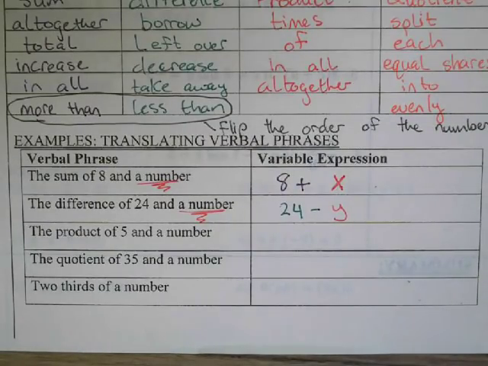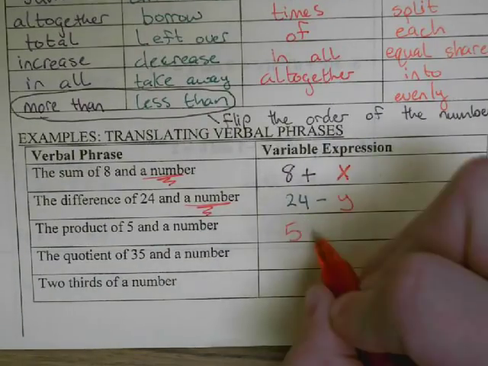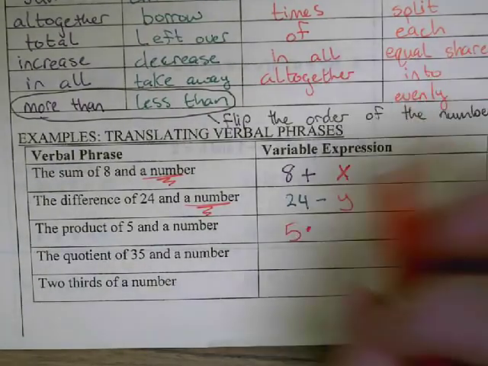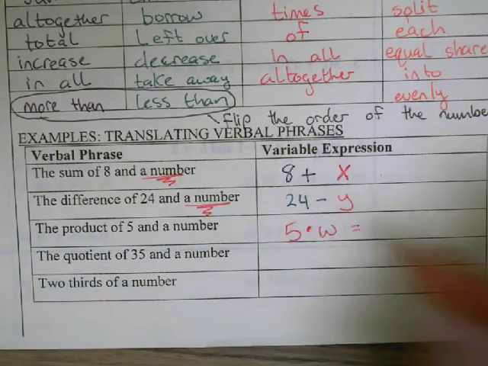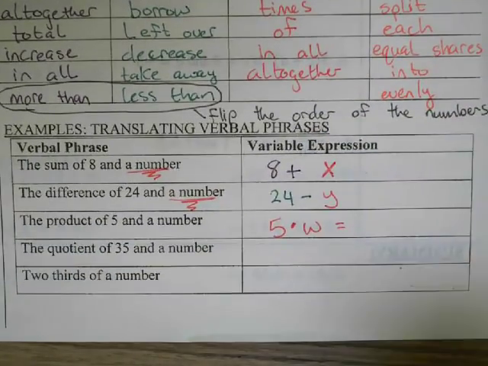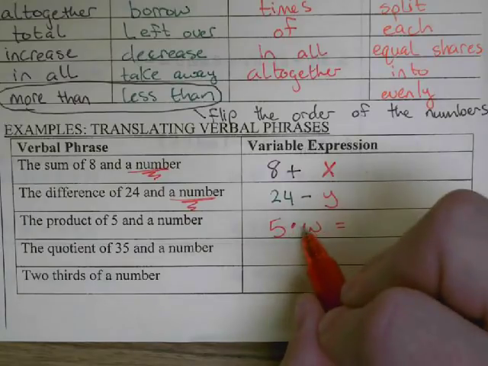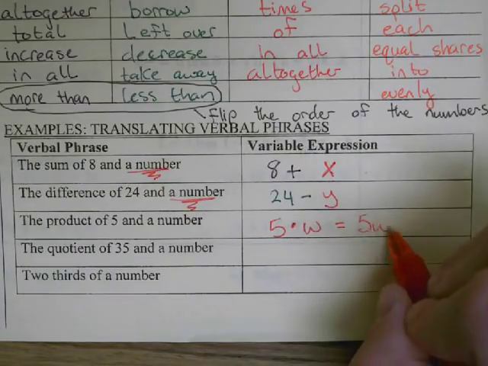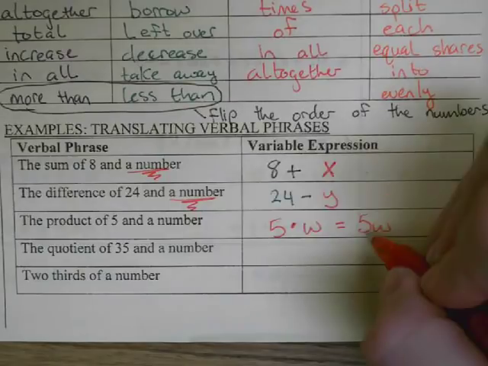Next, we'll do the product of 5 and a number. So product is multiplication. So we'll do 5 times a number, w. But also, this is something that we definitely need to get memorized. We can say 5 times w, or we could say 5w. And this is what you'll see most commonly.